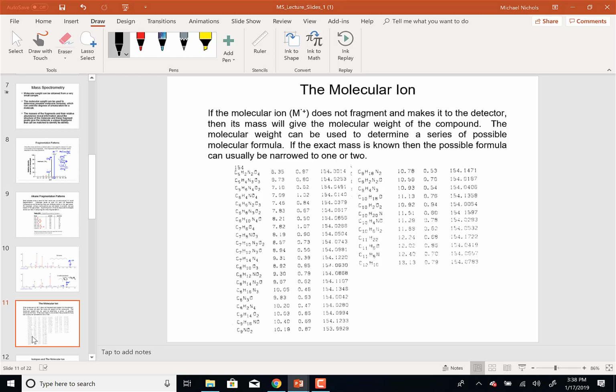So, of course, it had the printout from the dot matrix printer. And these are all of the different formulas that weigh up to roughly 154, rounded up or down. That's useful. I took my 13 million organic molecules, and I've now narrowed it down to that many.